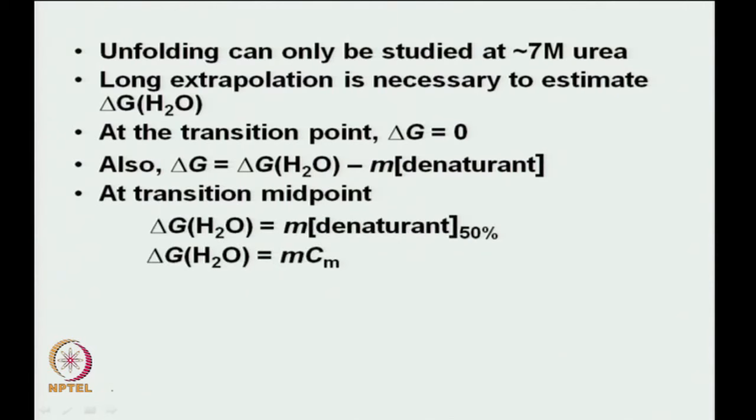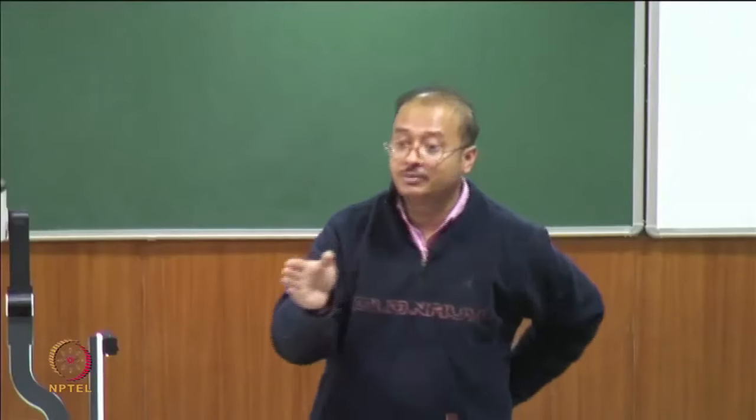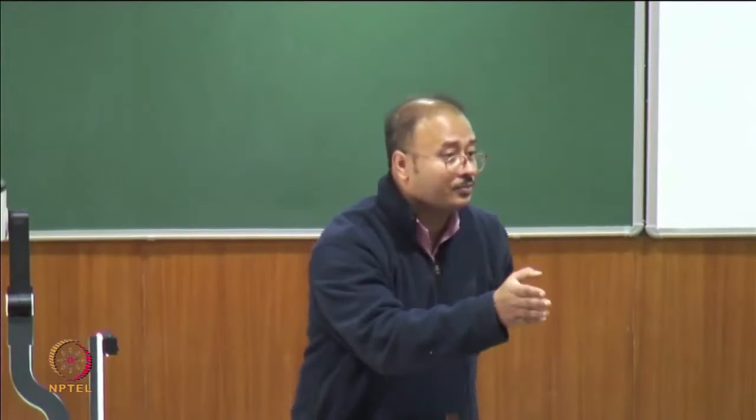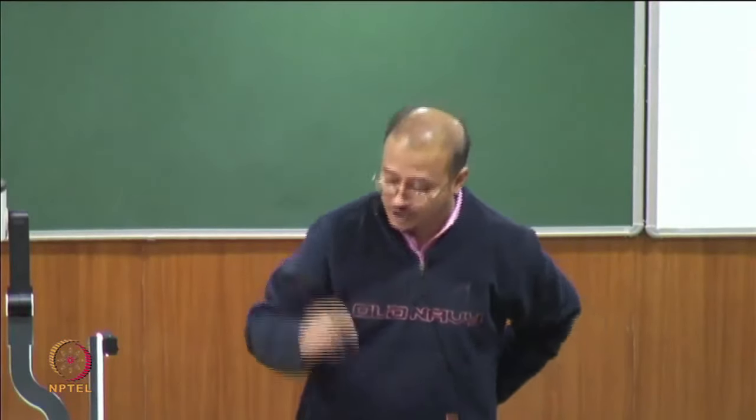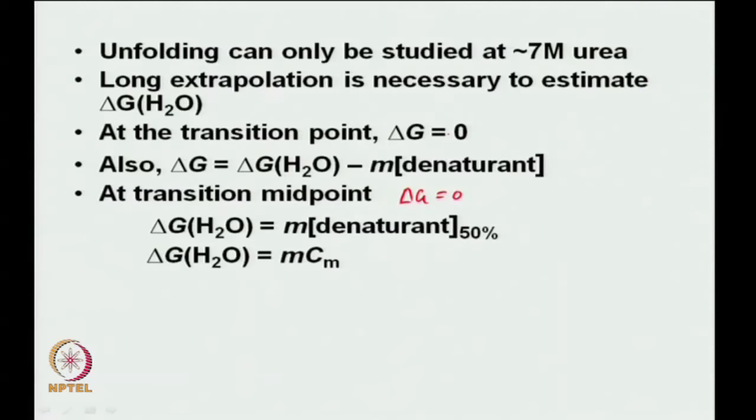So, I can write at the transition midpoint delta G is equal to 0 as I have written here, and hence delta G H2O is equal to m times the concentration of denaturant, but it comes with the tag, a subscript, which is 50%. What does it mean? 50% means I am just at the midpoint, it is called the transition midpoint, exactly like your Tm. So, like Tm, you have a very similar thing out here, it is Cm, and that is what delta G H2O is equal to m Cm is talking about.